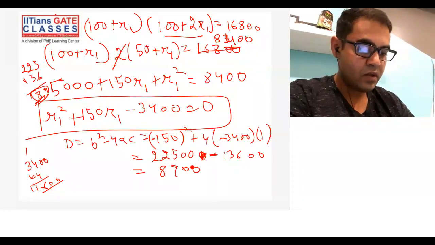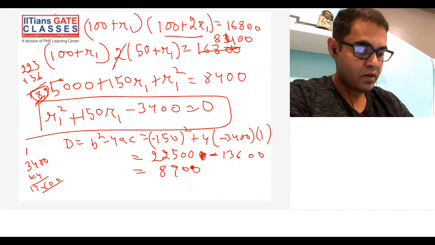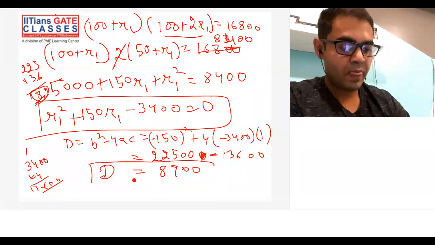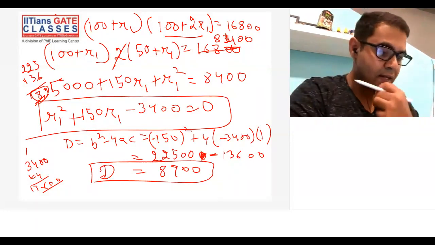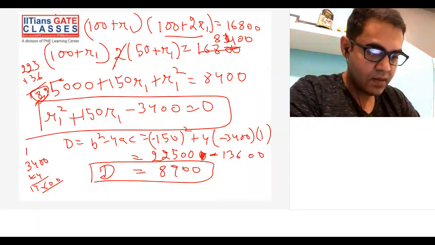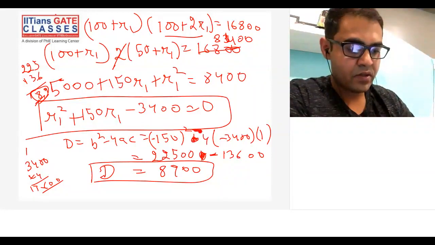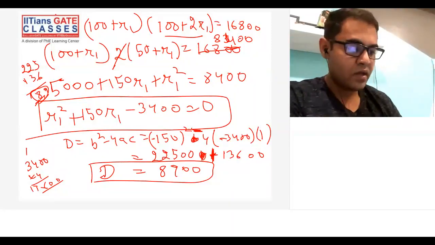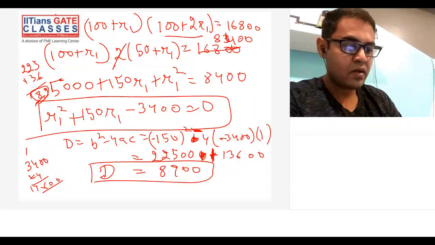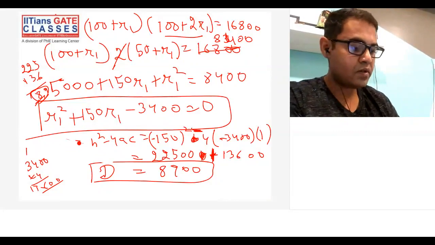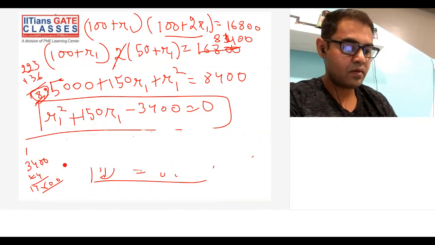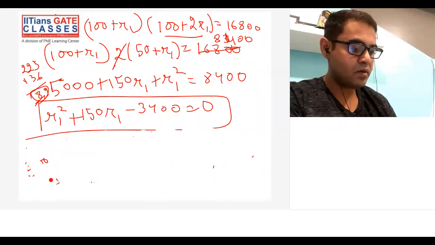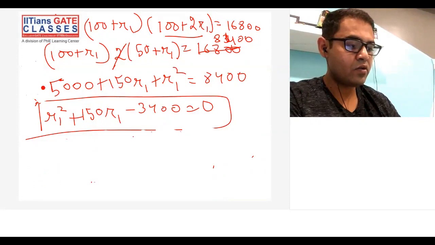This is your D. Okay, no, this is a minus sign. Sorry. So minus and minus will become plus. Yeah, these will be added. So I'll just redo this part. No worries.